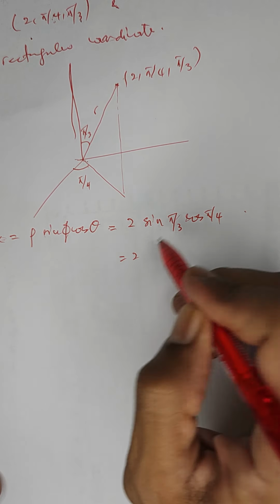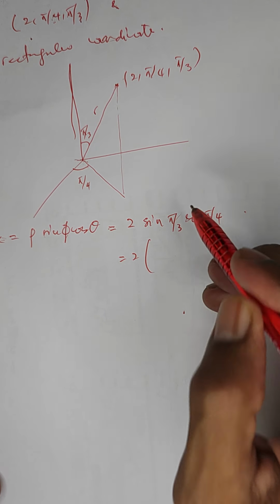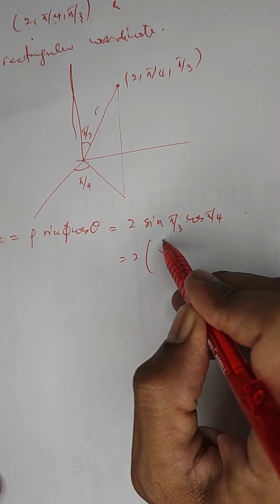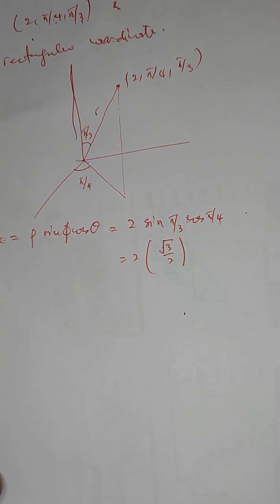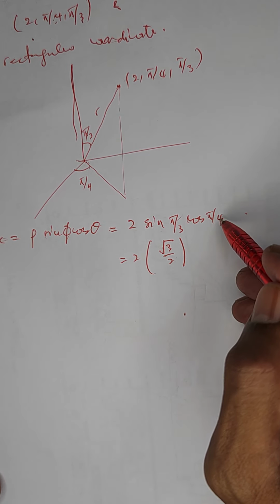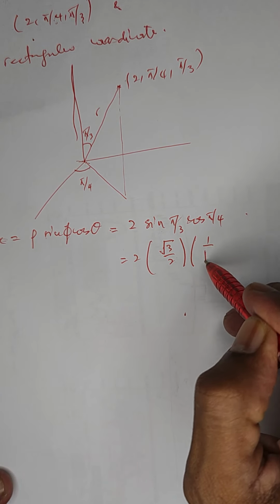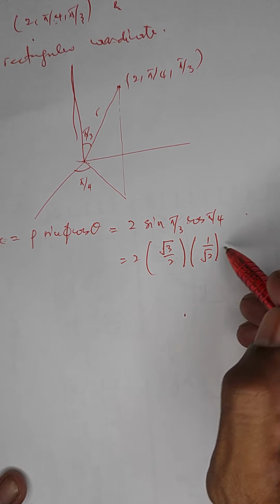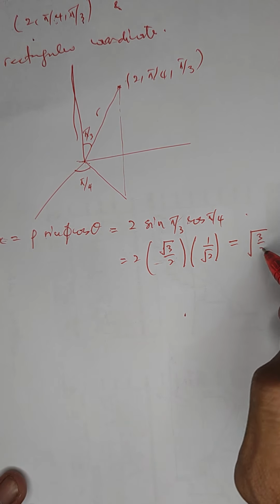So we have 2, sine pi over 3 is root 3 over 2, and cos pi over 4 is 1 over root 2. Simplify this, that gives you root 3 over root 2.